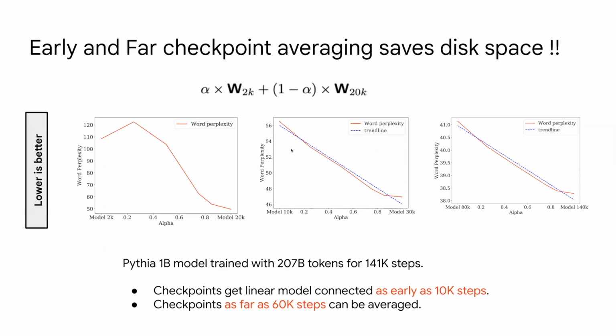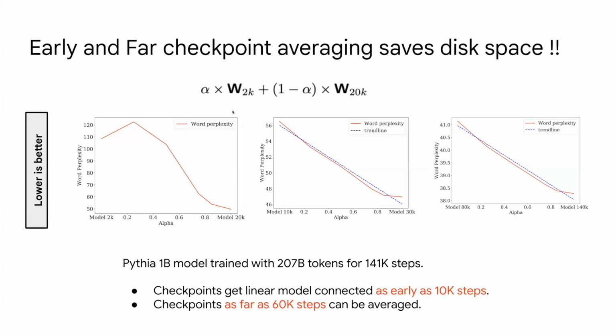There is an observation that we figured out, that these models become linear mode connected quite early. And I know this is not the first observation. Prior work like Sanyal et al. has seen this observation in small settings. But as we see in a model, after 10K steps, it becomes linear mode connected to a model which is at 30K.